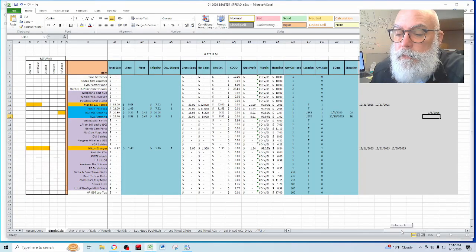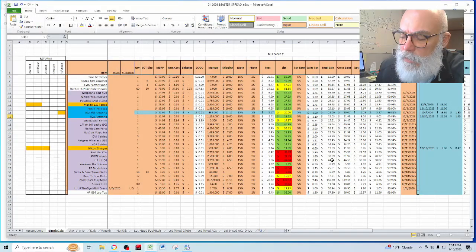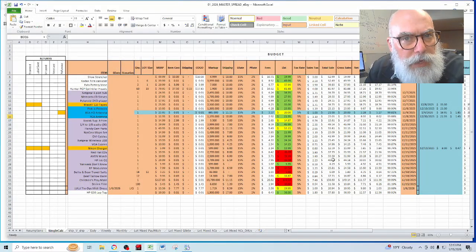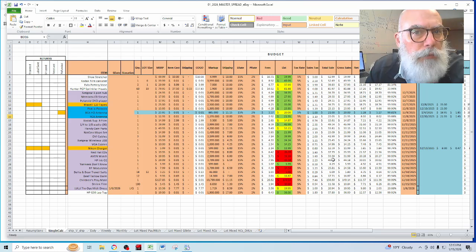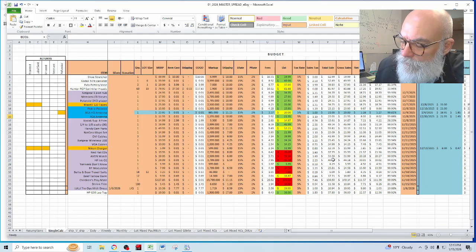All right, so that should show up here as a refund, and it does. And what I paid for it to bring it in and what I'm going to charge for it on retail listing, that all will become necessary at tax time.